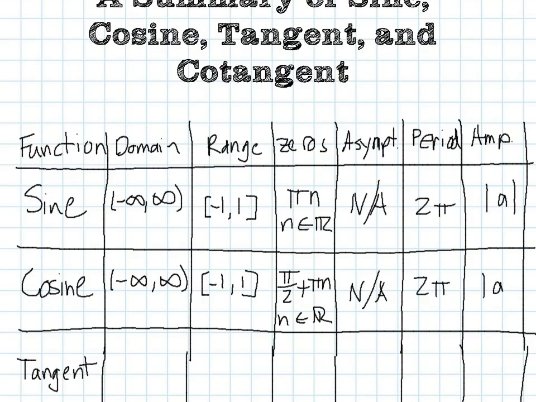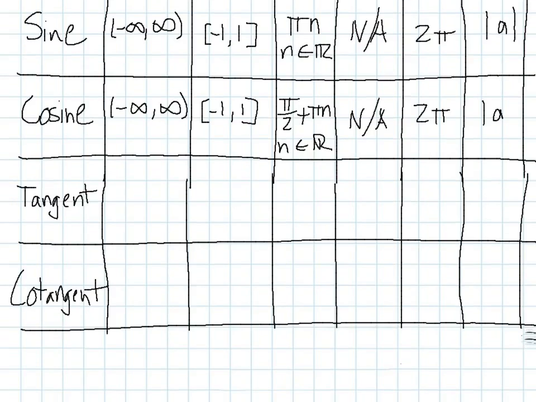Okay. Then for tangent and cotangent, now here you're going to have all real numbers, except... you may have to put this one in words.